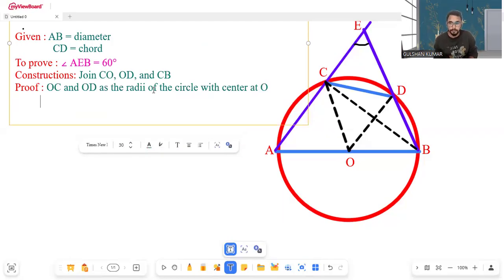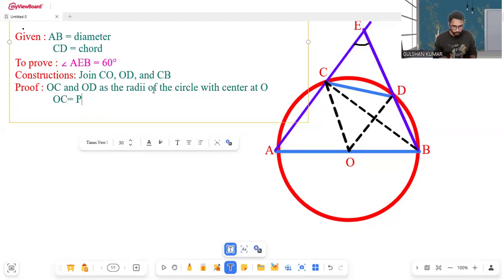Okay, done. So OC equals OD equals CD, as we have that this chord CD is equal to the radius. This is given.